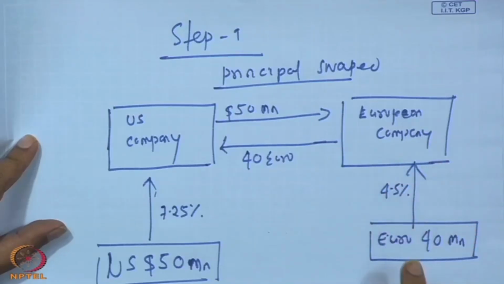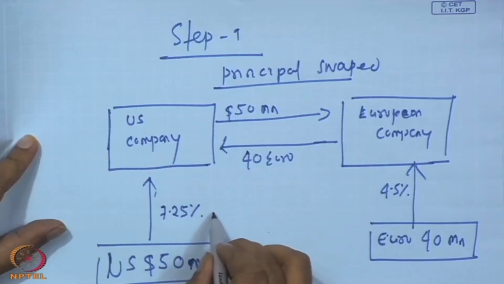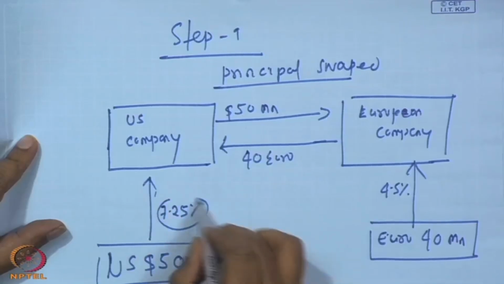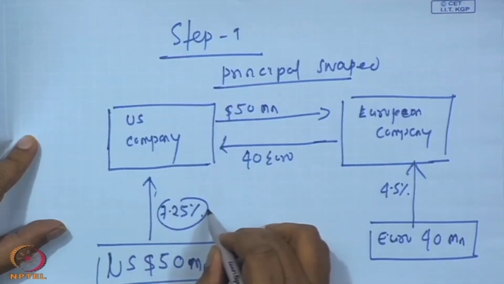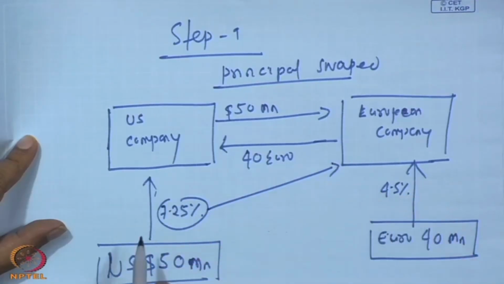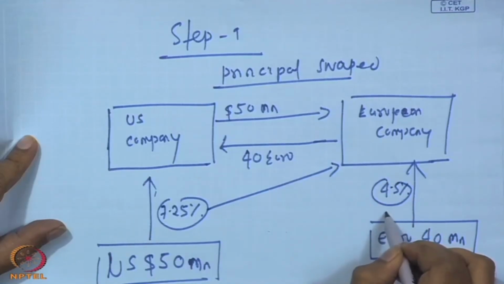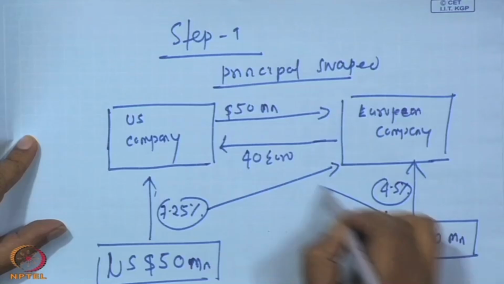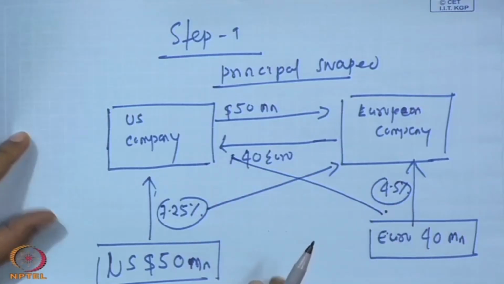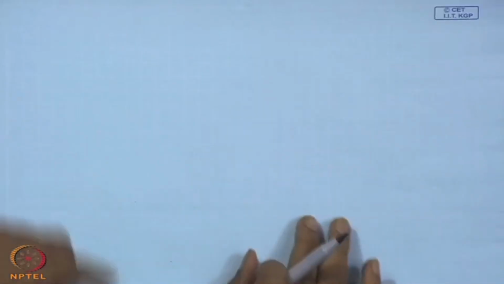Who will pay the 40 million euro loan interest? The US company will pay. So the 7.25% US dollar interest will be paid by the European company, and the 4.5% euro loan interest will be paid by the US company. That is step 2, the interest payment.